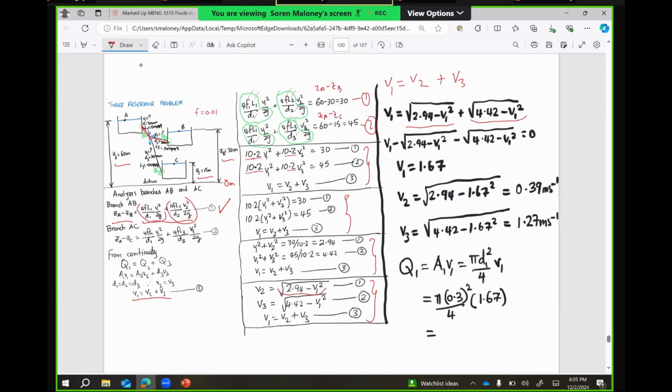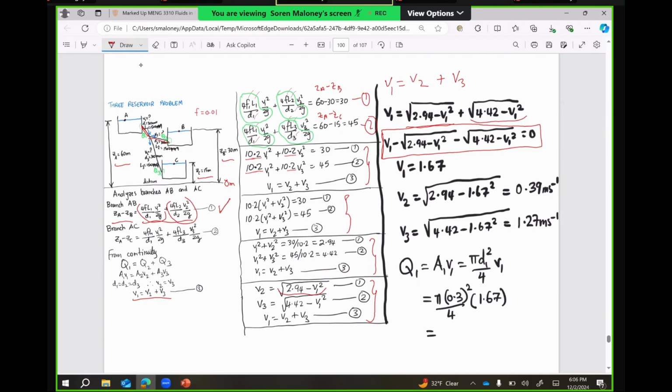So we have a single equation in terms of V1 that I can use Excel to solve for V1, because you can't solve that equation directly. You need to use a solver where we converge.